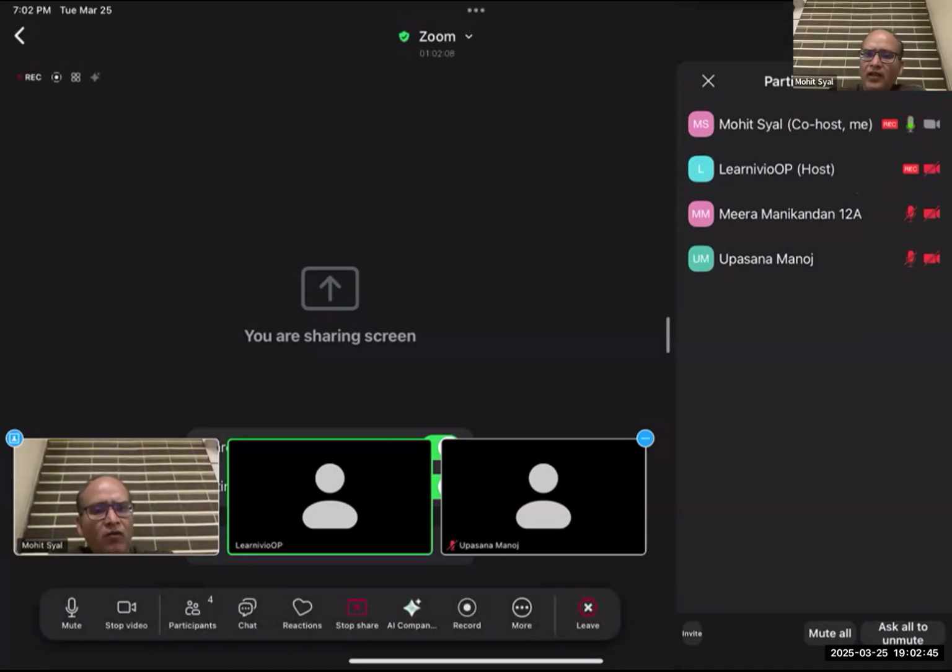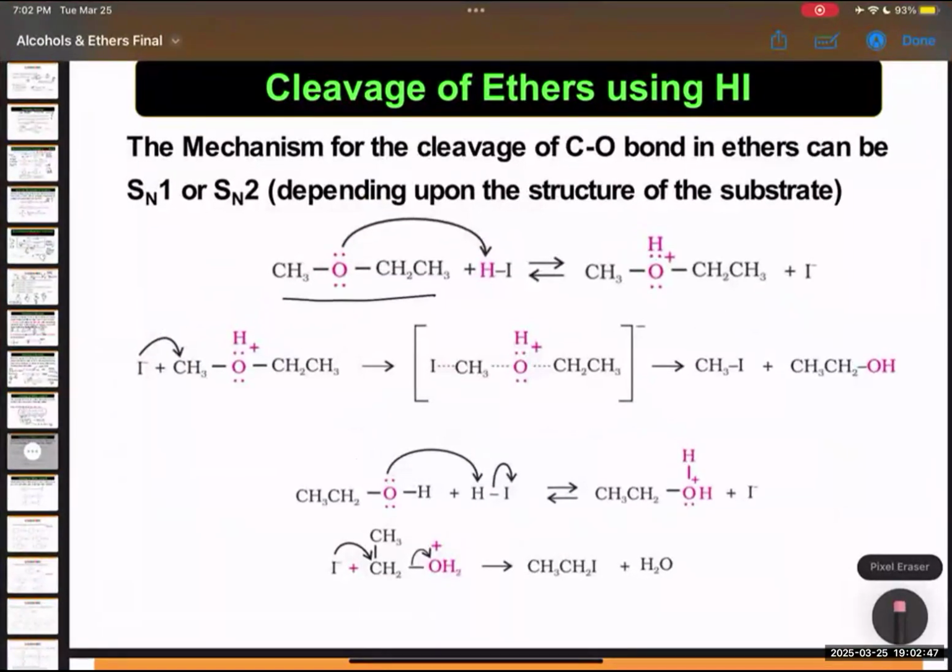So what I need to do over here is, first put the H plus. That's the first thing I need to do. Now think, can any of the alkyl groups on either side of this O form a stable cation?